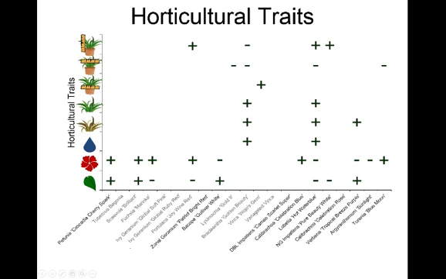But the take-home message from our initial survey was that while many different plants accumulated silicon, there were not huge differences in what the plants looked like visually and how we measured these horticultural traits. One of the things to note, these cultivars that are bolded were ones that accumulated higher amounts of silicon when we gave the drenches, and the cultivars in gray were the ones that did not.